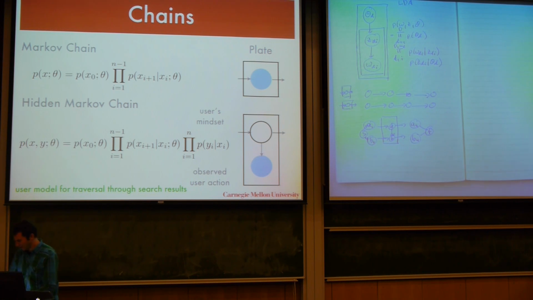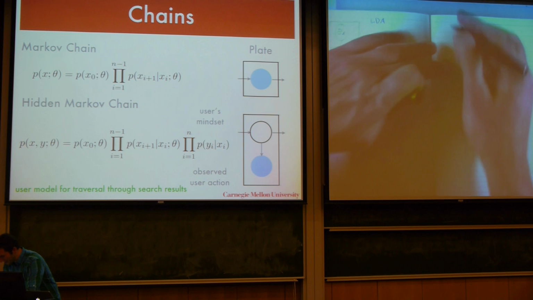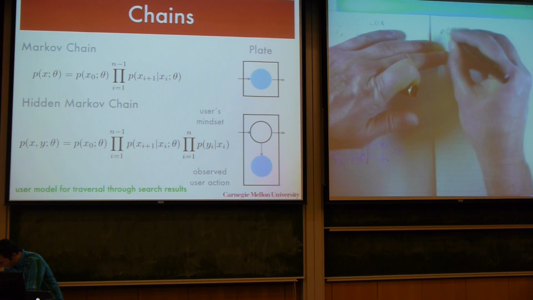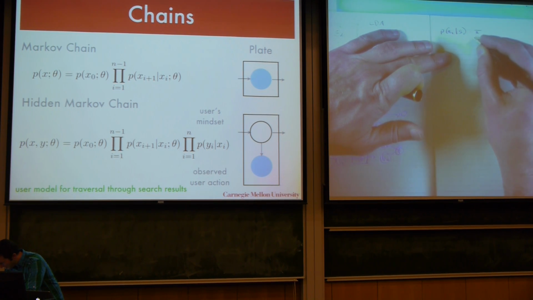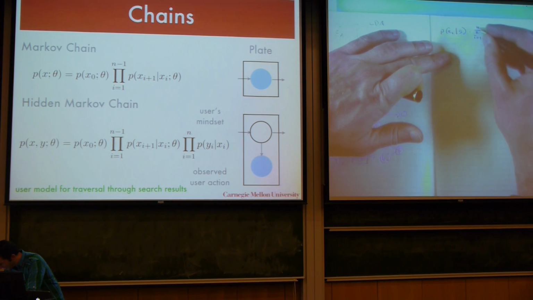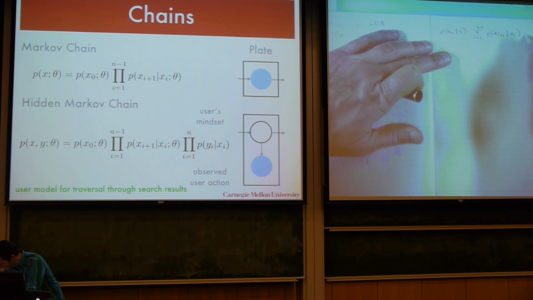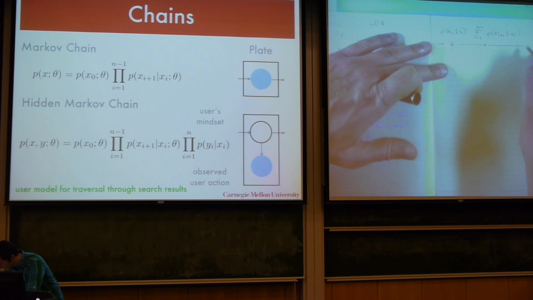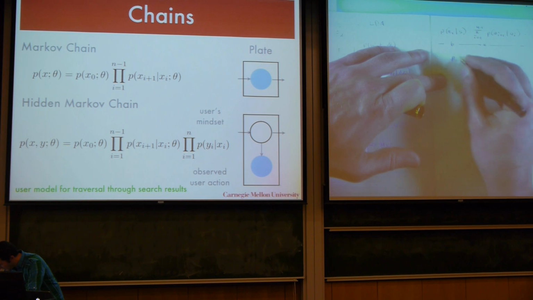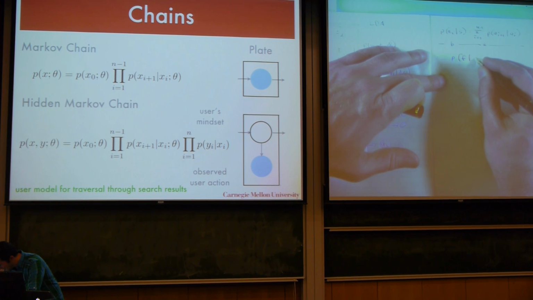The math is, however, quite straightforward, because you'd basically just have P of A1 given S times the product over I going from 1 to n minus 1, P of A_(I+1) given A_I, times then the same thing on the B's, times P of the final state given A_N and B_N.